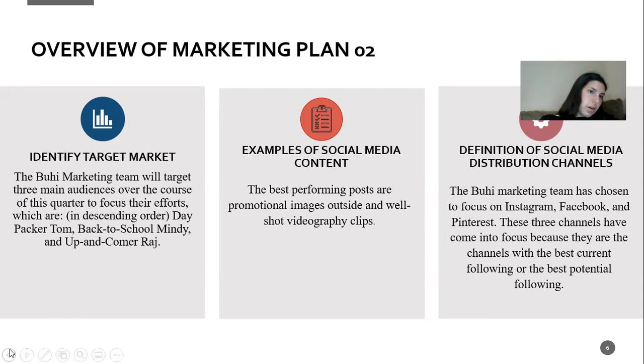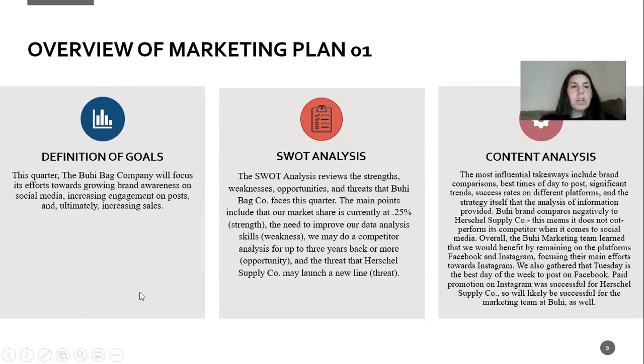So we're going to start on the first point, which is definition of goals. So it is actually a complete reiterance of what was just stated. It's just increasing brand awareness, engagement, and sales, really, is what it boils down to.